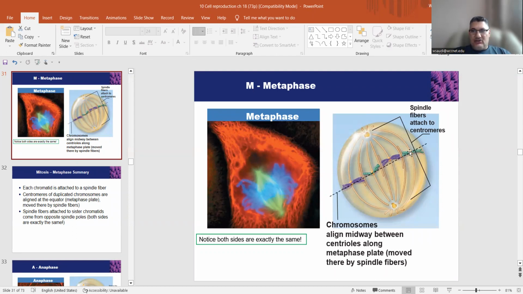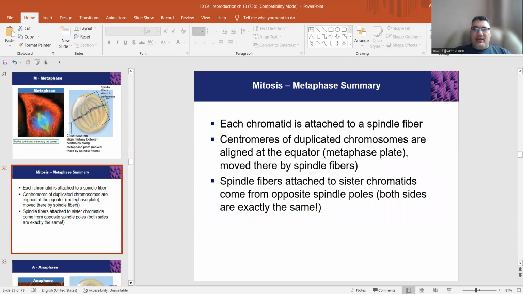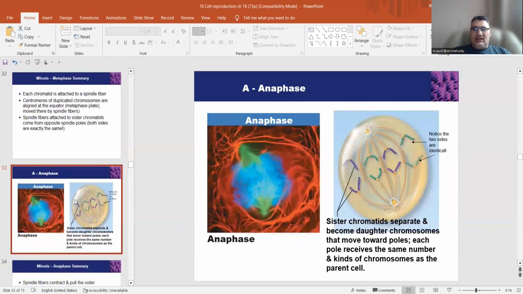Which part specifically? The centromeres, where the two copies, the two sister chromatids, are attached to each other. They attach here. So this is metaphase, which is a line along the equator or the middle line, while the spindles are attached to them.